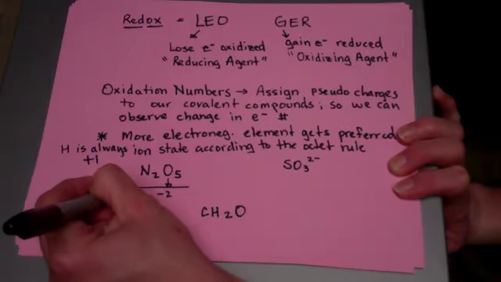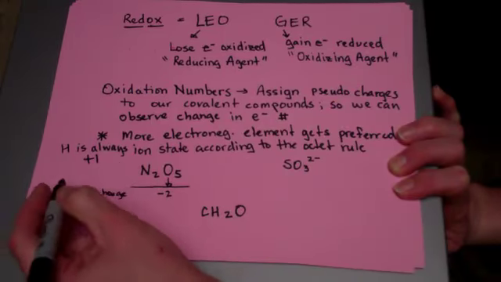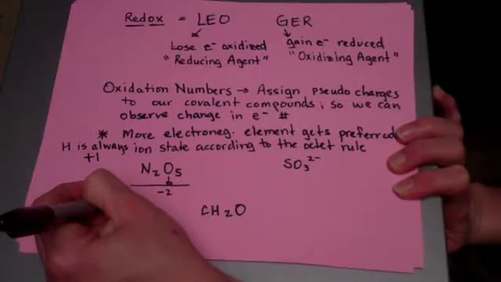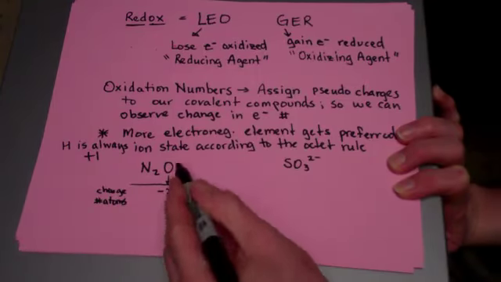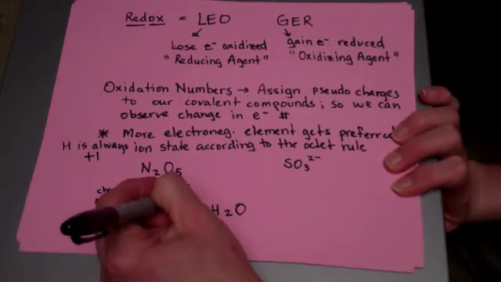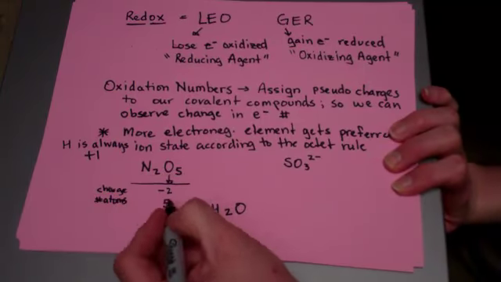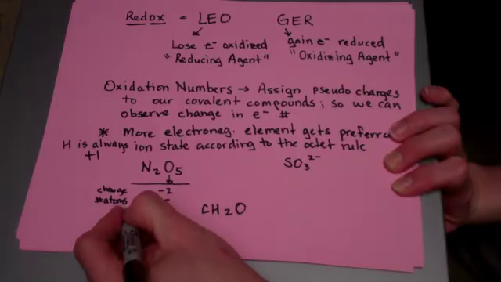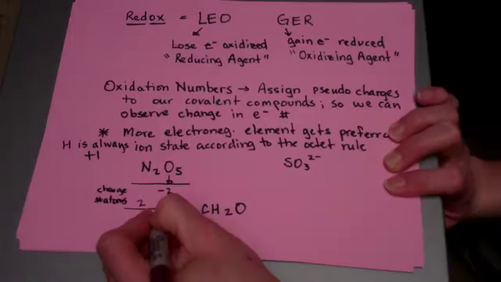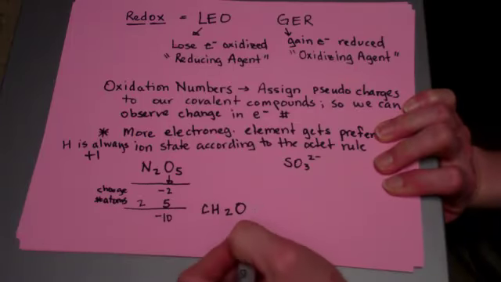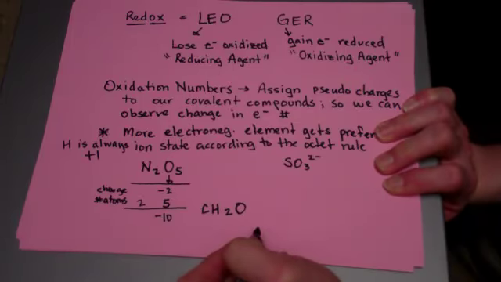We look at charge, number of atoms, and the total charge. The total charge on this is 0 because there's no charge indicated. We've got 5 atoms of oxygen and 2 atoms of nitrogen, for a total negative charge of -10 that we have to balance.